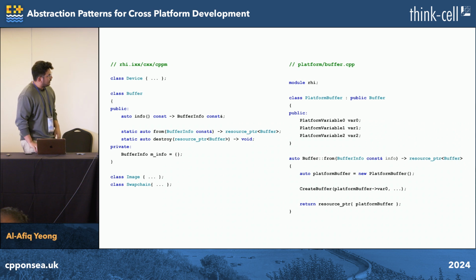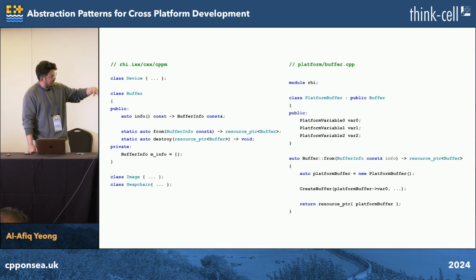And then in each of the source files, well, I shouldn't say source file because in terms of modules, they are module implementation units. In each of the module implementation units, we create the implementation that's derived from the interface, and we just put all of the variables in the public scope.